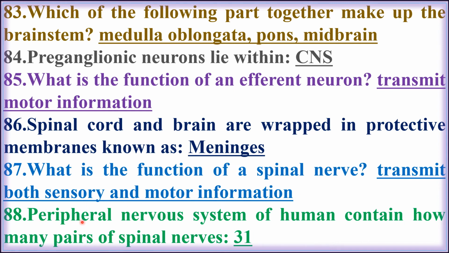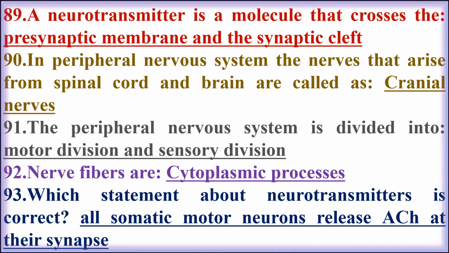Next, the peripheral nervous system of humans contains how many pairs of spinal nerves? That is 31. Next, a neurotransmitter is a molecule that crosses the presynaptic membrane and the synaptic cleft.